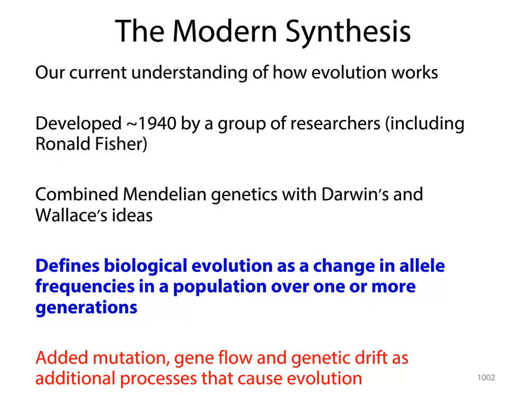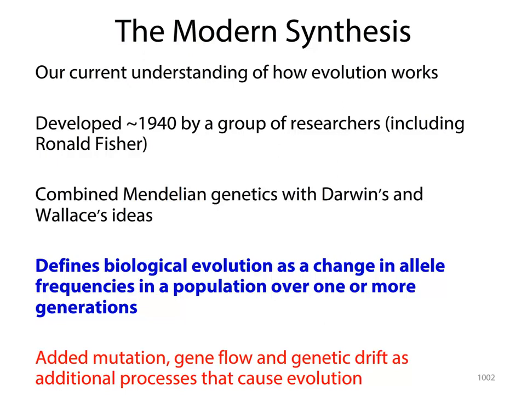Mendel was an Austrian monk, so his paper wasn't in English, and a lot of scientists didn't read it, so they didn't pick up on things right away. Darwin and Wallace had the idea of natural selection and evolution, but they didn't know the mechanism of what was actually being selected for or against. And so the modern synthesis was what actually combined these two ideas, so you should know that.